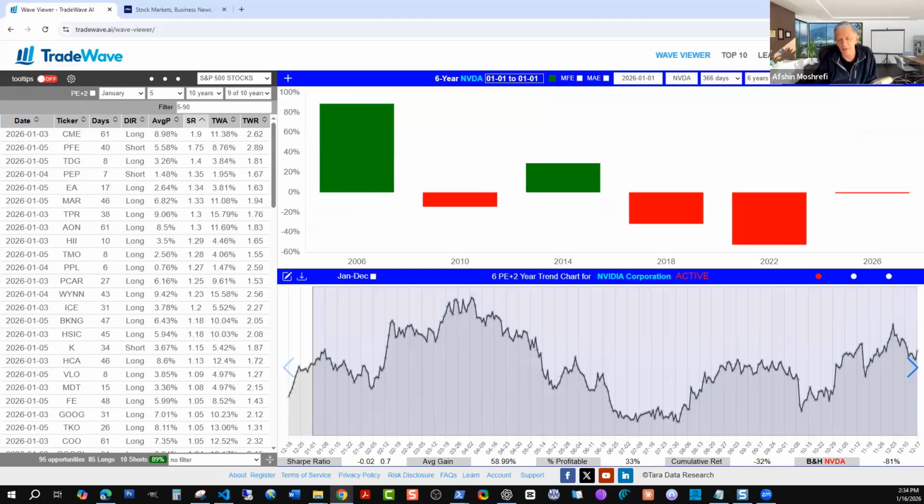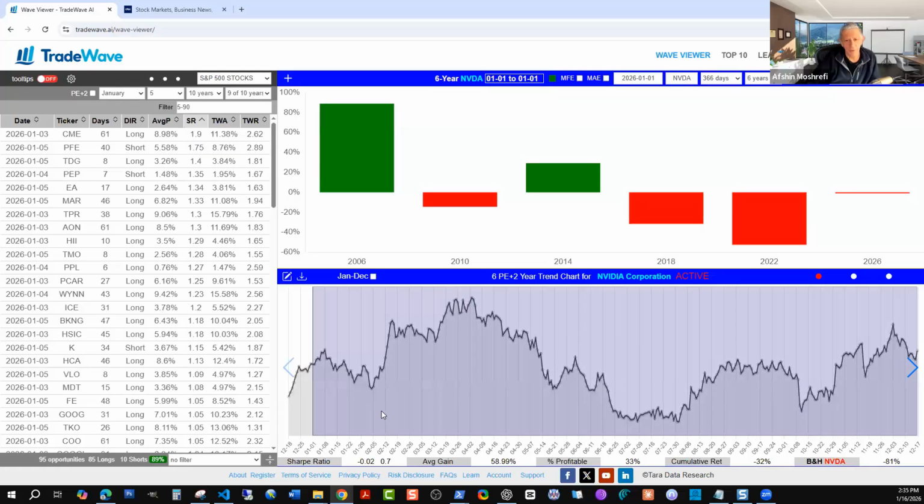It's only 6 years of P+2, which is not a lot of data, but it still gives us quite a bit to work with. Really, the first midterm election year that Nvidia was public is 2006.